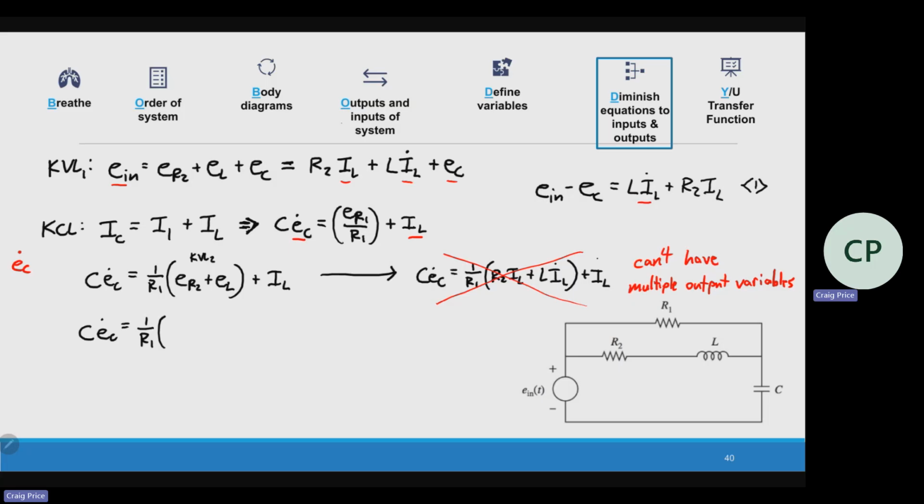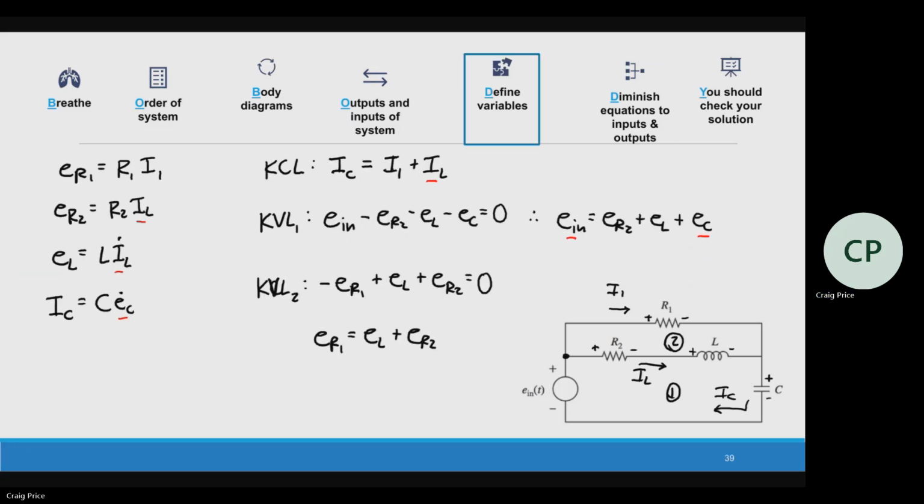Do we have an ER2 plus EL somewhere else in our definitions? Let's go back. First off, I can't just substitute this back, because this is what we used to get here. We used KVL2, so I'm not going to substitute and just make it equal to ER1.